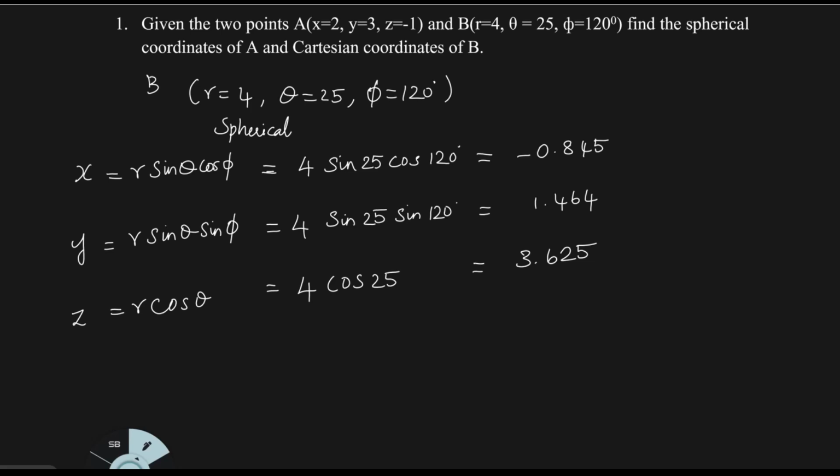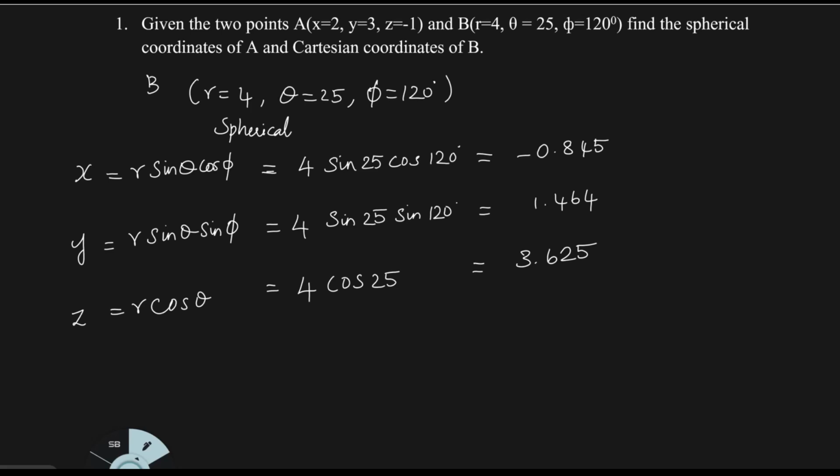Okay. The B point they have given is R theta phi. From R theta phi we conclude that the B point belongs to the spherical coordinate system. They asked to convert the spherical coordinate point into a Cartesian coordinate point. So, for the Cartesian coordinate system, the points are represented by the letters x, y, z. The formula to convert from spherical to Cartesian is x equal to R sin theta cos pi, y equal to R sin theta sin pi, z equal to R cos theta.